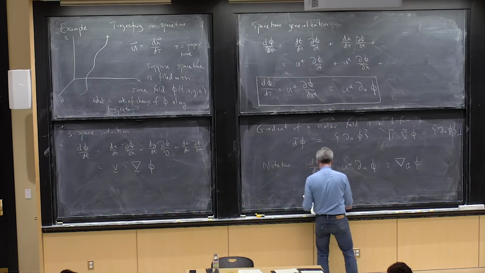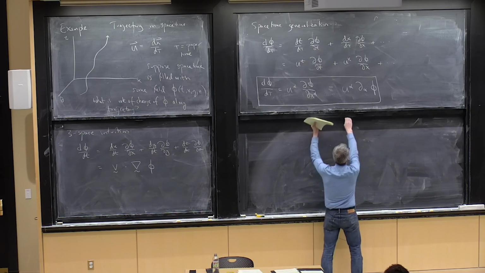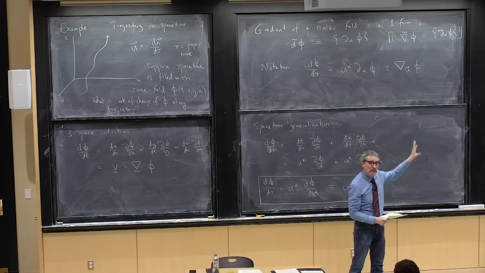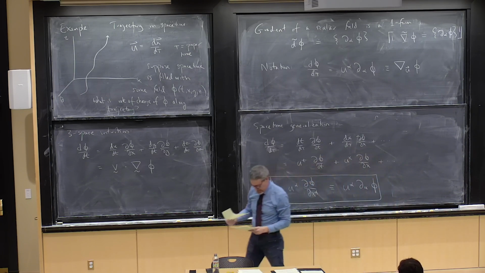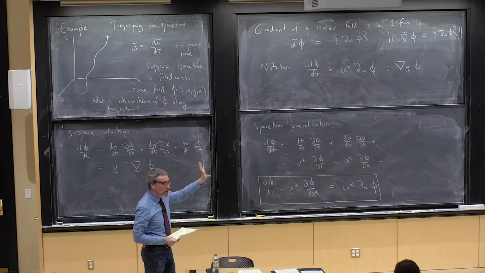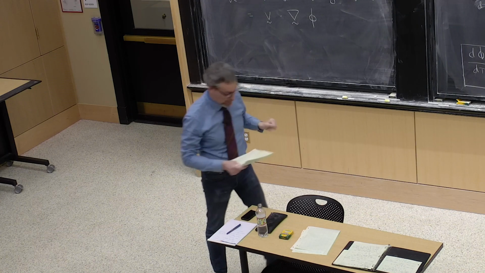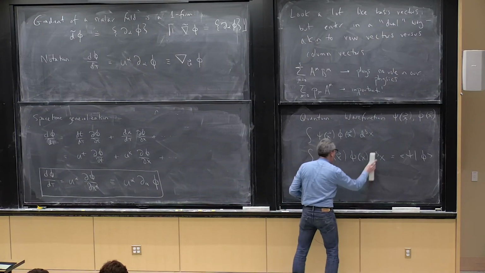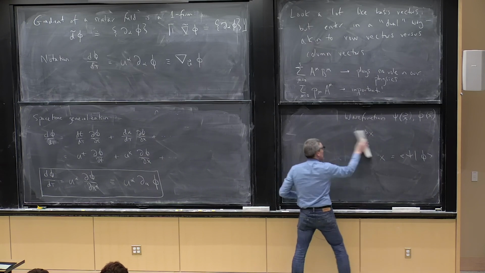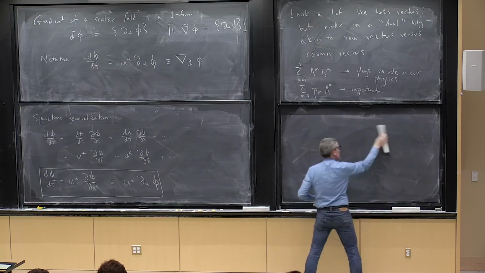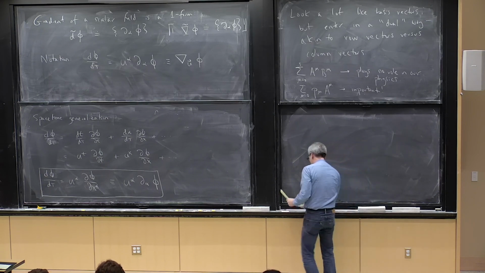So coming back to, the last thing I want to do as I talk about this is revisit this notion of one forms as being dual to vectors for just a moment. So we've just introduced the gradient as our first example of a one form.